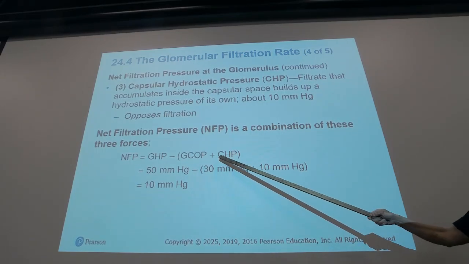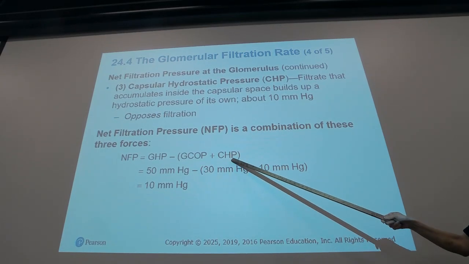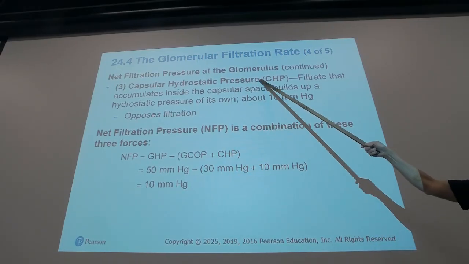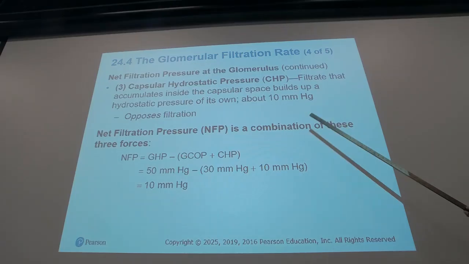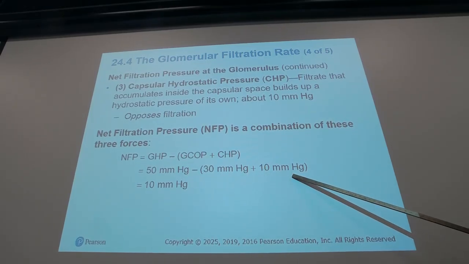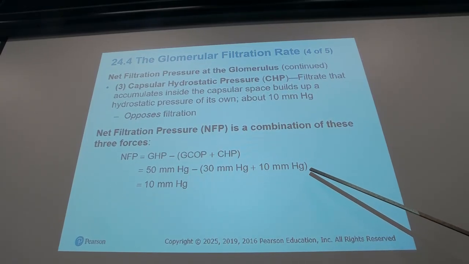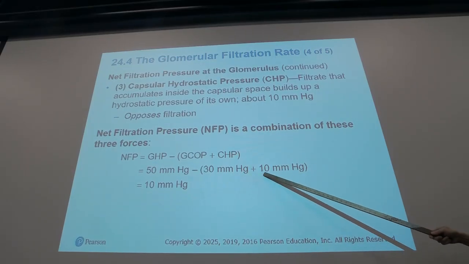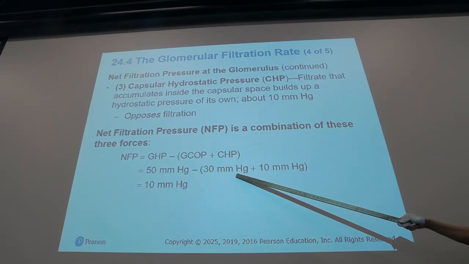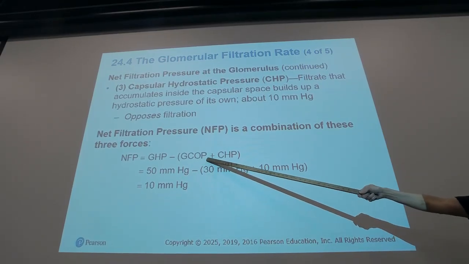Now, in the capsular space we have hydrostatic pressure, which is CHP, which is 10, and that opposes the fluid coming out. So in that case, you add that to those 30 millimeters of mercury from the colloid osmotic pressure.